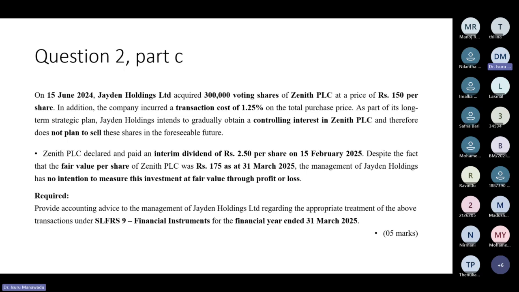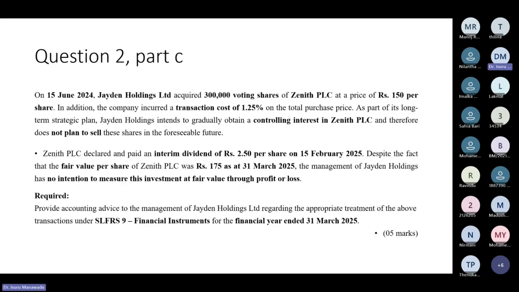In addition, the company incurred a transaction cost of 1.25. When it comes to measurement, for all classifications, initial measurement should be at fair value. No change.